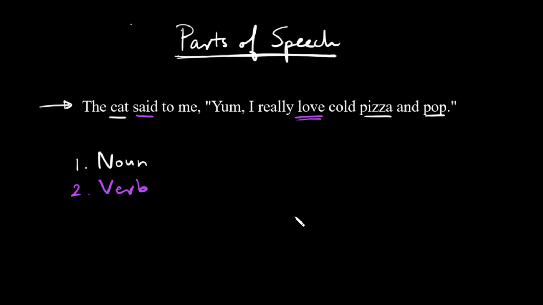All right, the third part of speech that we can talk about is the pronoun. So 3 is the pronoun. And a pronoun stands in the place of a noun. So if you were to look at I really love cold pizza and pop, I refers back to a noun here. Okay, so cat is the noun, and I stands in the place of cat.